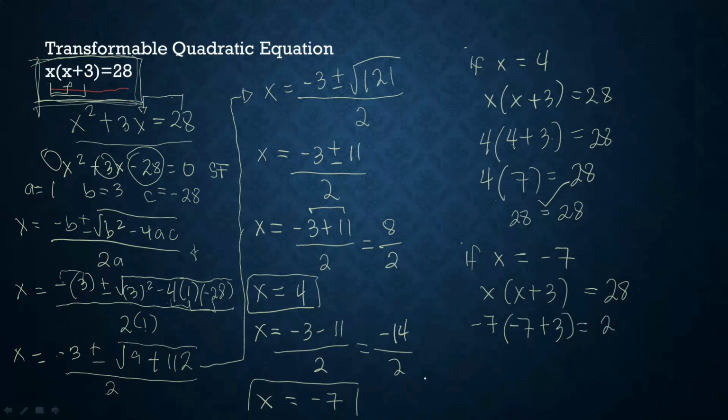So, negative 7 times, so negative 7 plus 3, it is equal to negative 4. Then, equal siya sa 28. So, negative 7 times negative 4, it becomes positive 28 is equal to 28. So, it is correct. So, this is how we transform an equation to a quadratic equation. And this is how we find the roots or the solution of a quadratic equation.